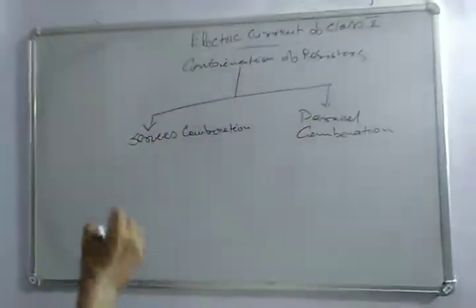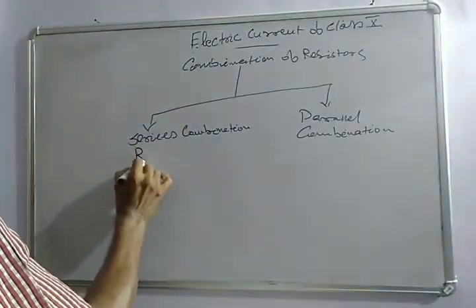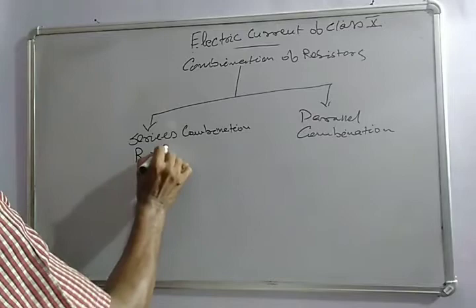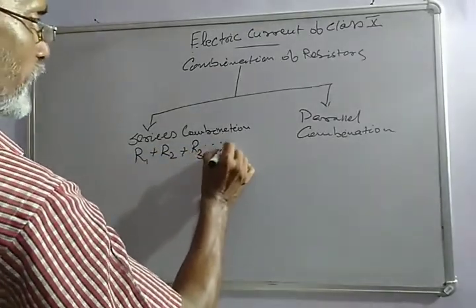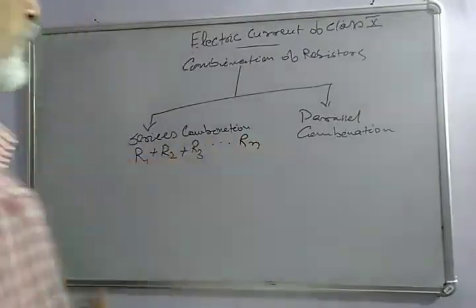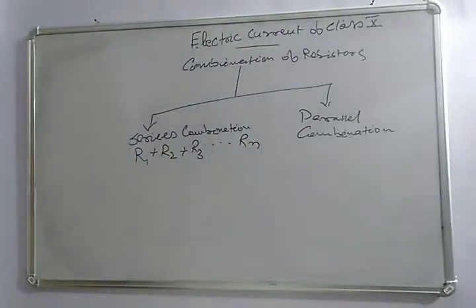In series combination, all the resistances are simply added: R1 plus R2 plus R3 till Rn, where n is the number of resistors.